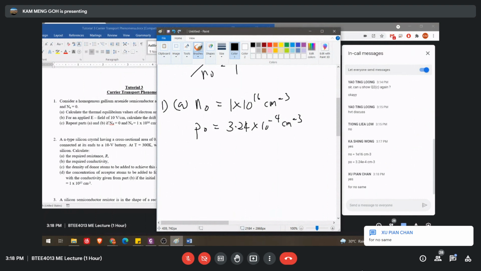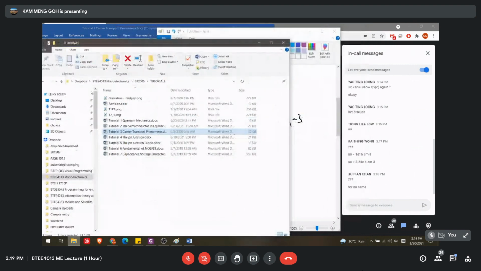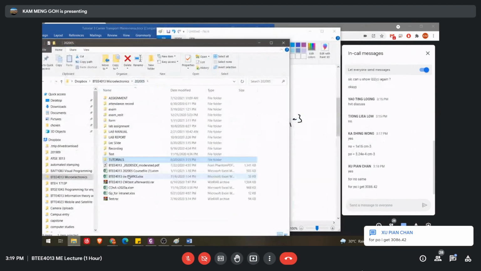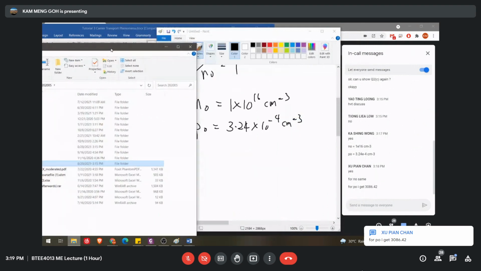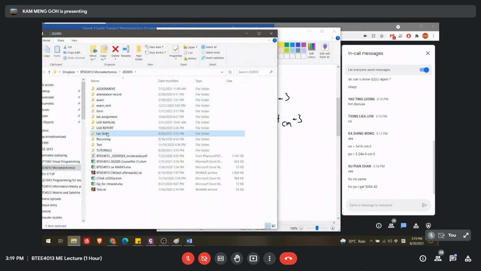For N0 same, for P0 not the same. P0 you get 8030x6.42.